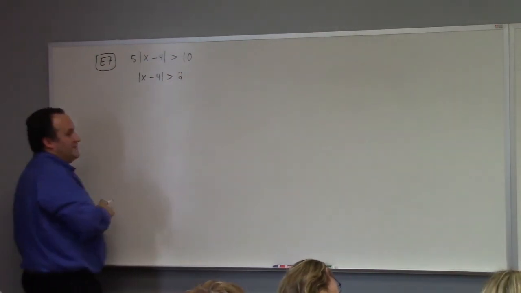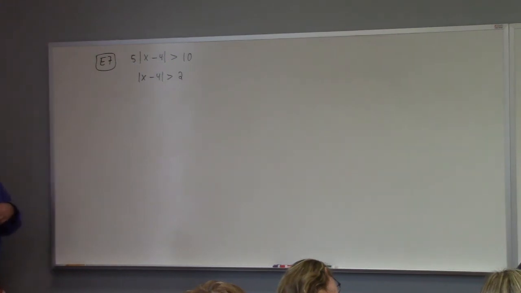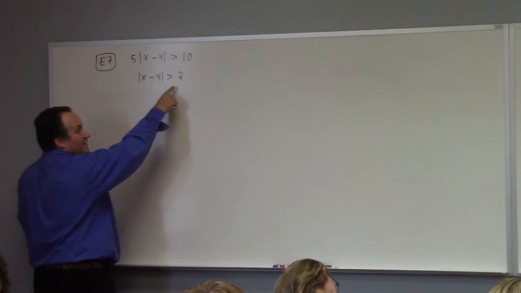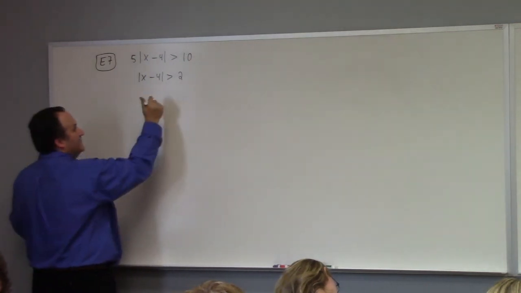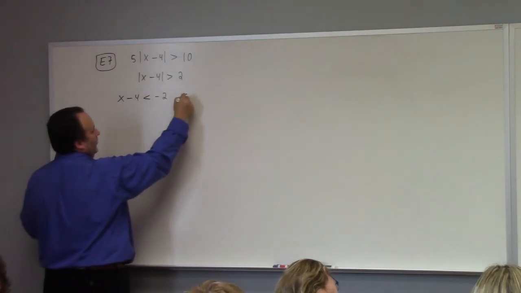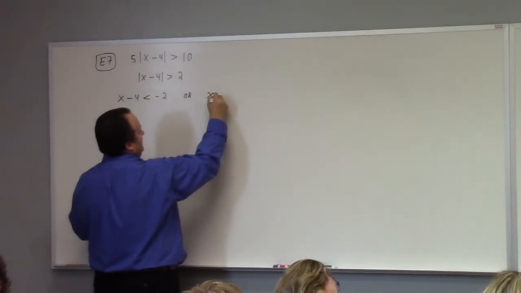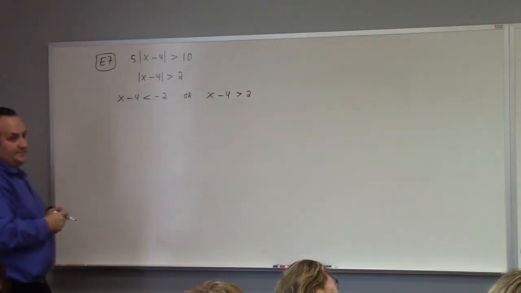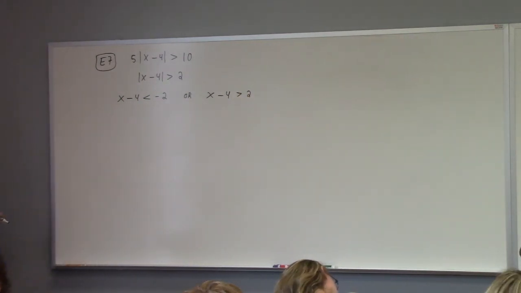And so my earlier comments should be qualified. We don't necessarily want to make it compared to 0 for absolute value. For absolute value problems, we have those 2 theorems we fall back on, right? When you have greater than, that means you can unwrap it as two inequalities: x minus 4 is less than minus 2, or x minus 4 is greater than 2, falling back on what we talked about last class.